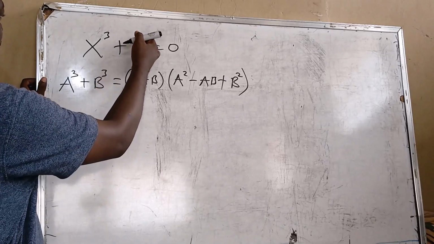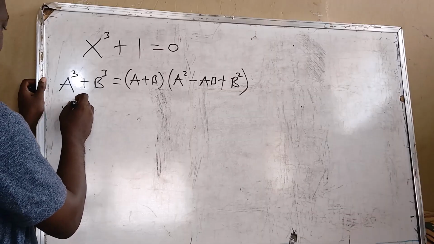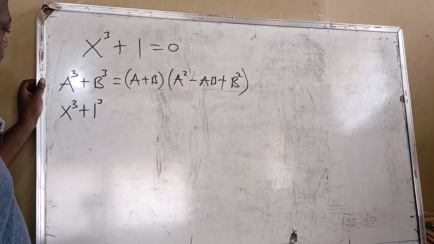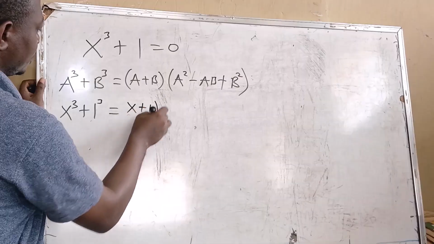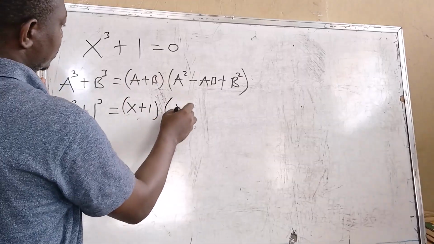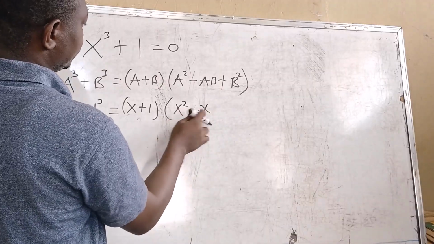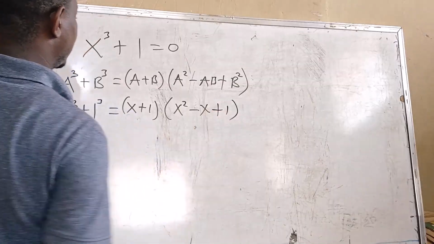So since 1 to the power 3 is the same as 1, we can say x cubed plus 1 cubed. I've done nothing. Then it will be x plus 1, then we have x squared minus the product, then we have 1 squared, 1.